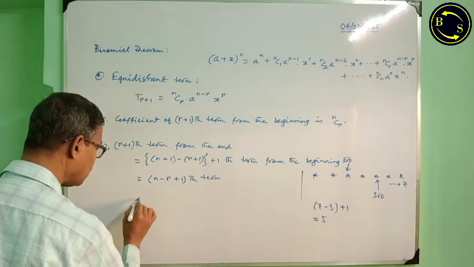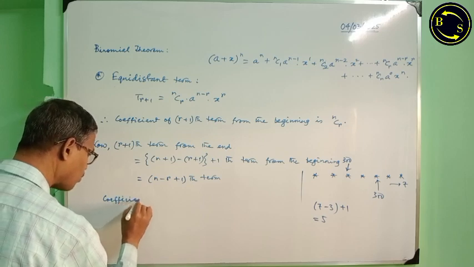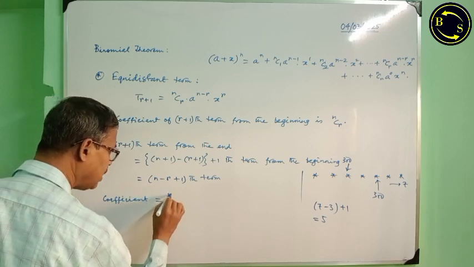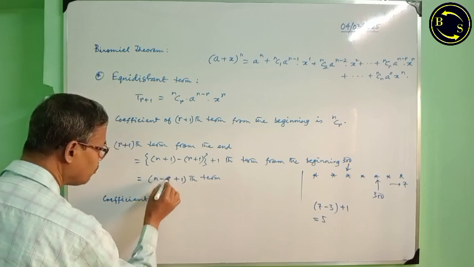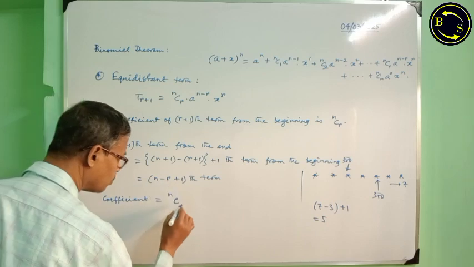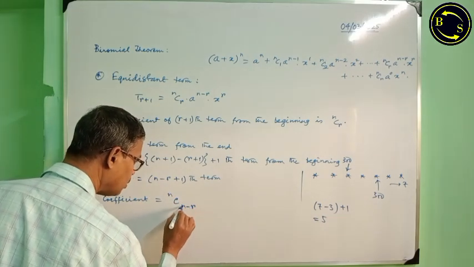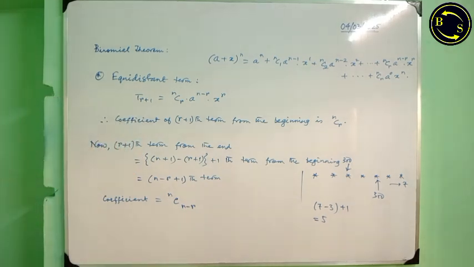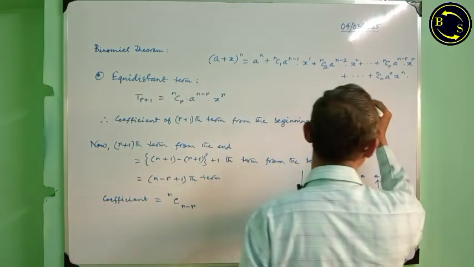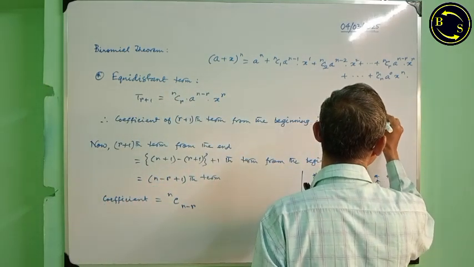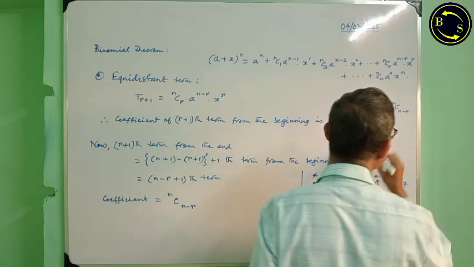And the coefficient will be nC, this is of the form r plus 1. If we consider this as r plus 1, therefore nC(n minus r). And already I have mentioned that formula, nCr is equal to nC(n minus r).